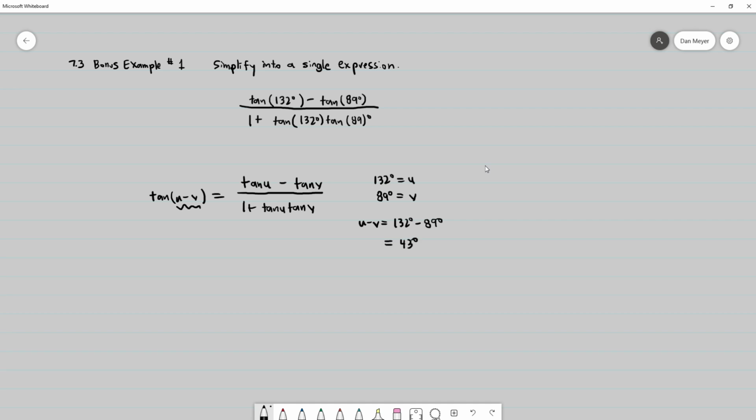Seems right. All right, I'm going to go with 43. So we could just copy that down. That's tan u minus tan v, and that's going to be tan of u minus v, which is tangent of 43 degrees.